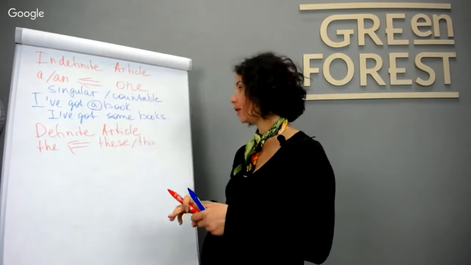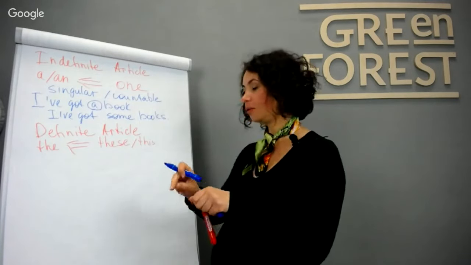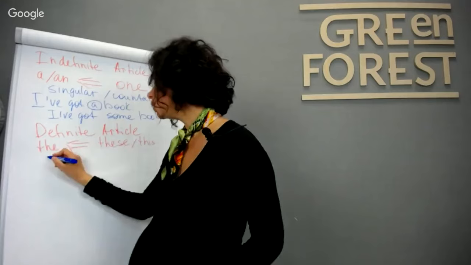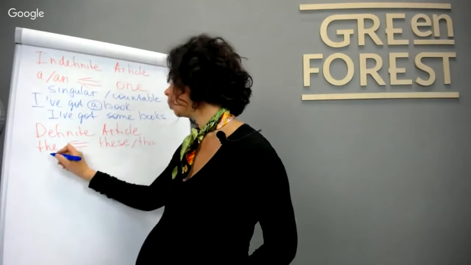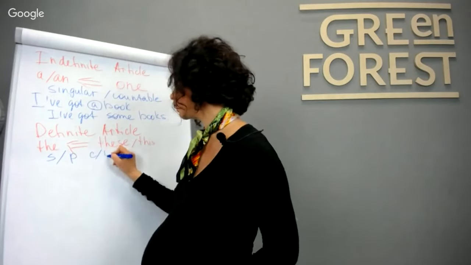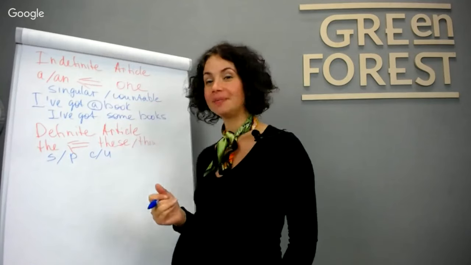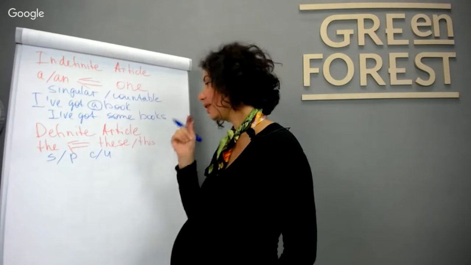And that means that we can use the definite article the for countable, uncountable, singular or plural. So we'll write here singular, plural, countable, uncountable. It doesn't matter. But again, please, we don't use the in plural form instead of a.